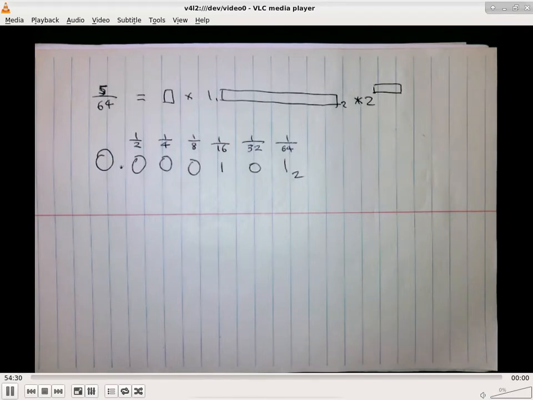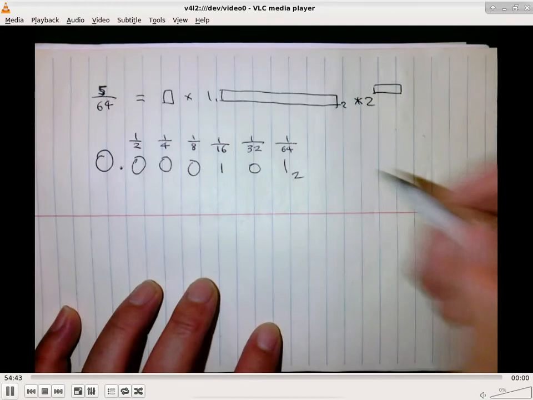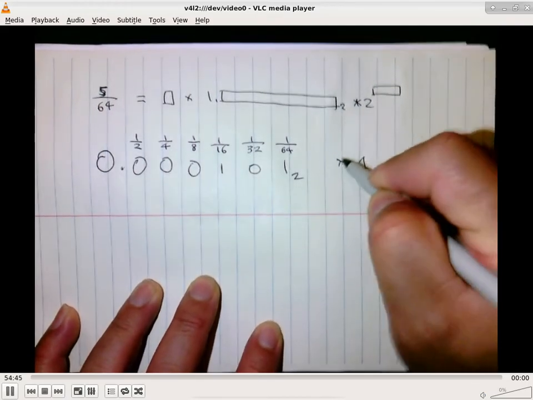That's cool. But I don't like this as my mantissa, because I want my mantissa to be normalized, which means I want it to look like 1 point blah blah blah. Can I do this? Would that be okay with you?